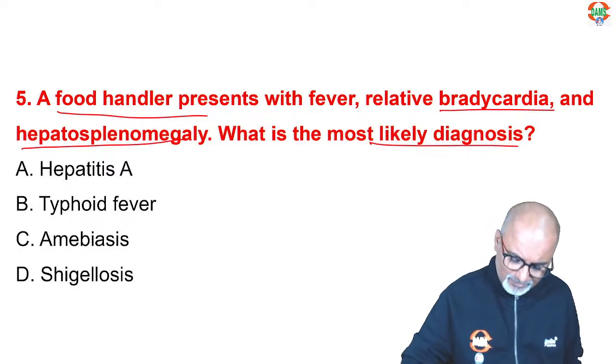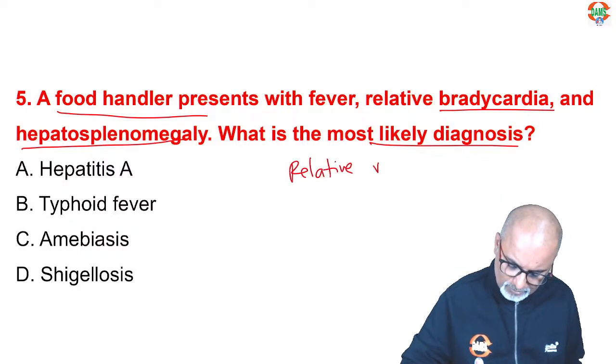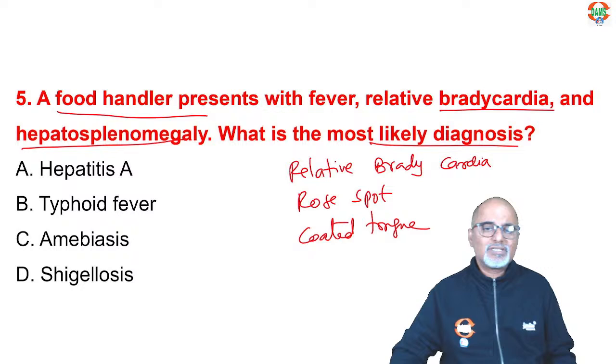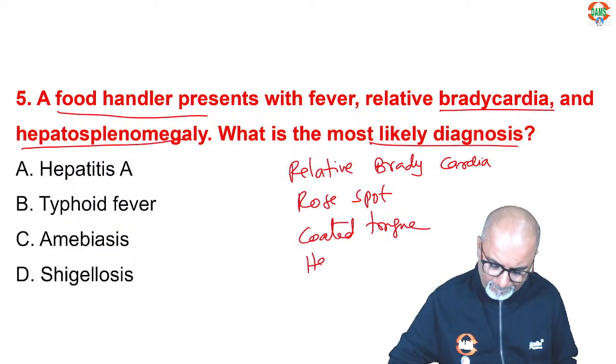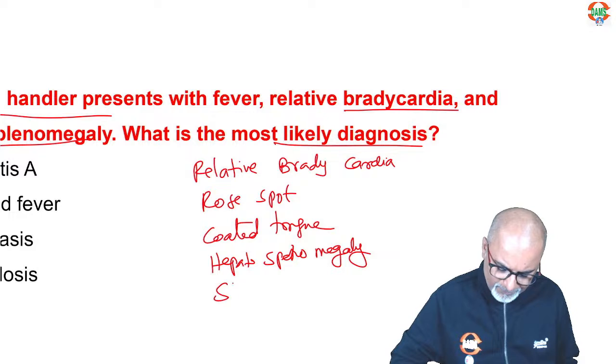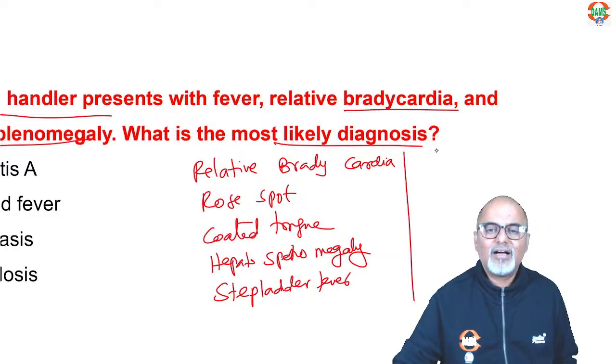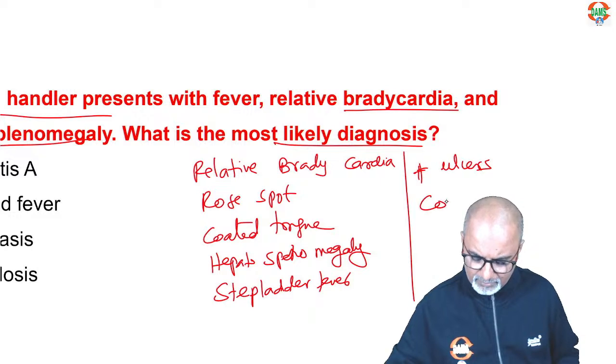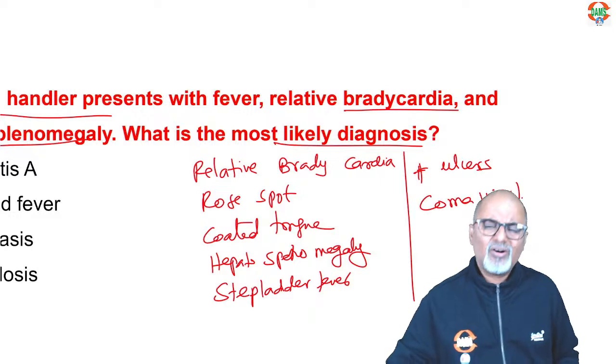Relative bradycardia, rose spot, coated tongue, hepatosplenomegaly, stepladder fever, intestinal ulcers, coma vigil, all are features of typhoid.